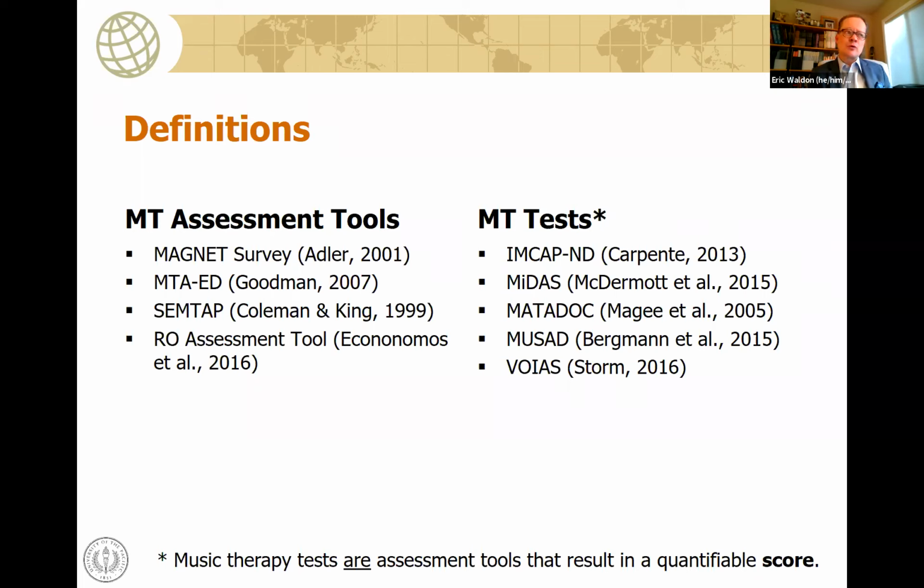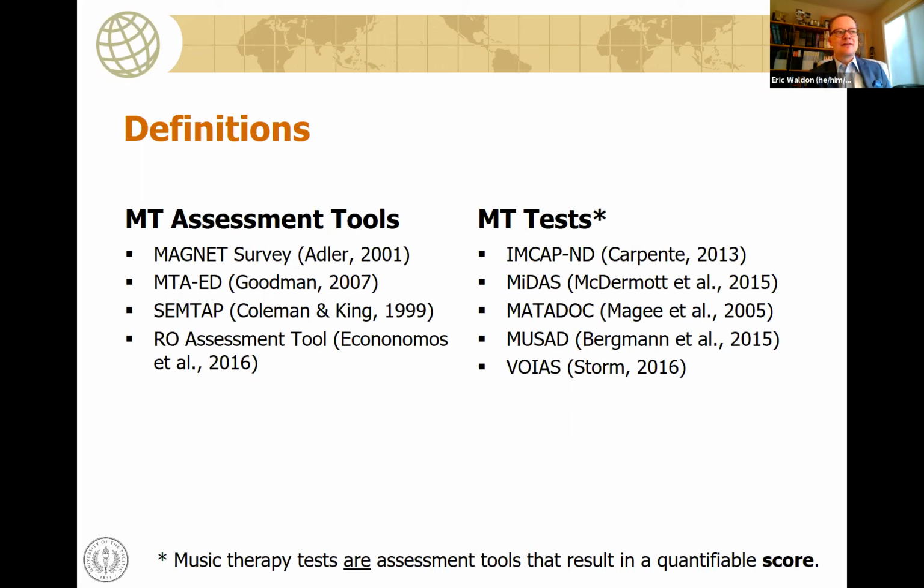They don't yield scores. But on the right-hand column, we have music therapy tests. These are clinical tools, some of which you may be familiar with. And we have many presenters this weekend who will be talking about their assessment tools. So please do stay tuned.